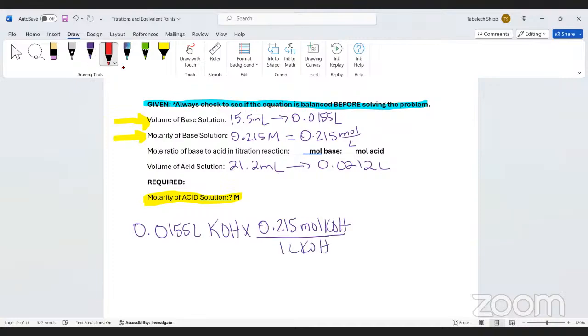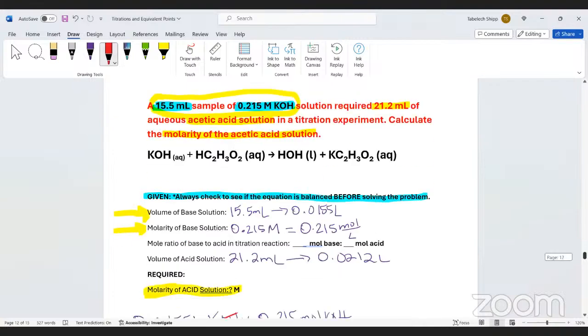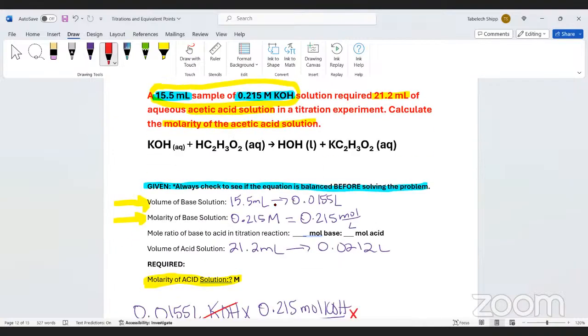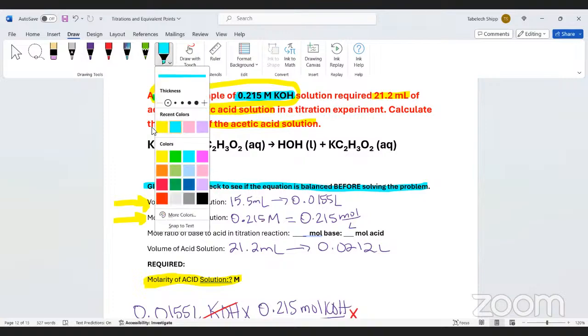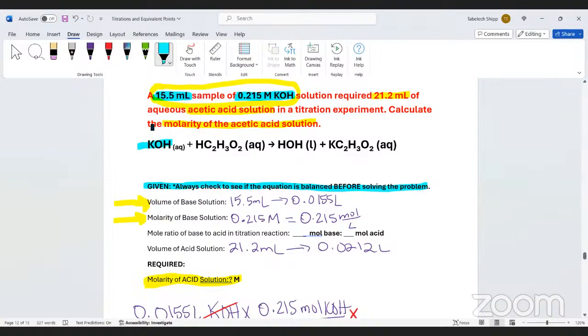Now, you know what's going to happen? The liters are going to cancel out. And now in this next step right here, I'm going to put my mole to mole base acid coefficients. So that's where I go right up here now, back to my equation, my formula, my reactant. They gave you potassium hydroxide and they gave you acetic acid.